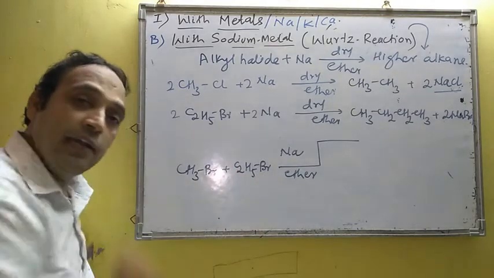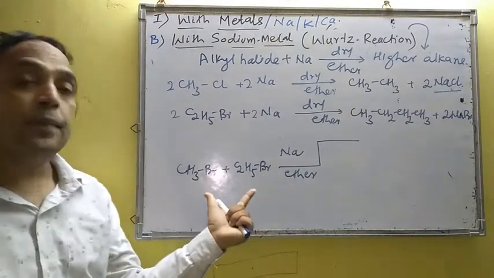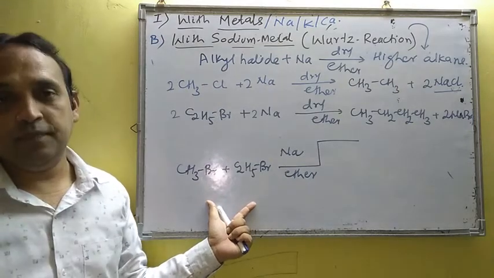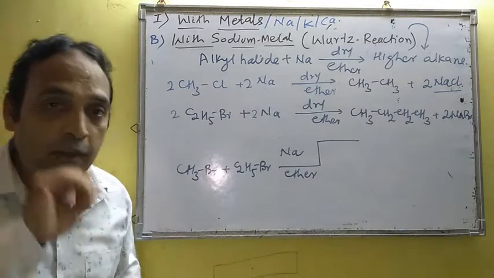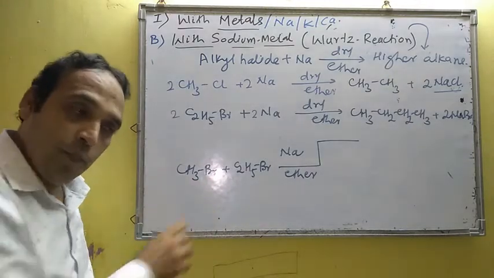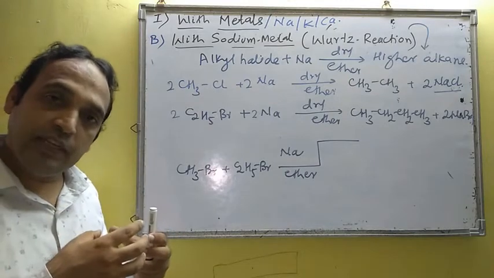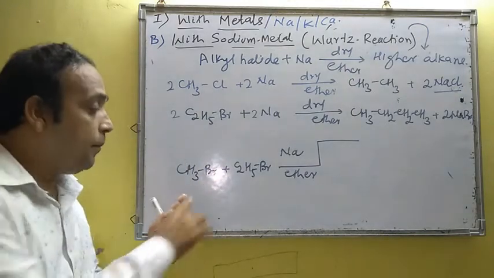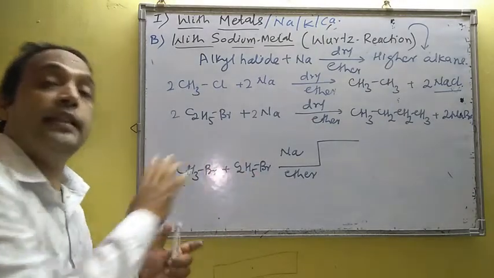Now both are different. So 3 possibilities are there. How many products will form? 3. Now what will the first possibility be? Either methyl bromide reacts with itself, ethyl bromide reacts with itself, or methyl bromide reacts with ethyl bromide.